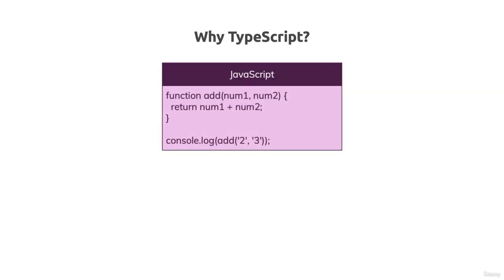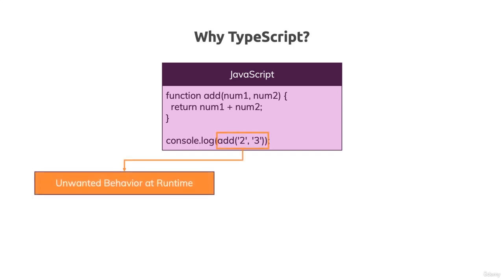So why would we use TypeScript? Consider this example, a fairly simple JavaScript function which adds two numbers. Now when I call it, please notice that I'm passing in two strings instead of two numbers. And I'll show you a real example where something like this could happen realistically in just a second. So we're calling this function with two strings, and as a result, what you would actually get here is probably an unwanted behavior, because if you add two strings, JavaScript will concatenate the strings instead of doing a mathematical calculation here.